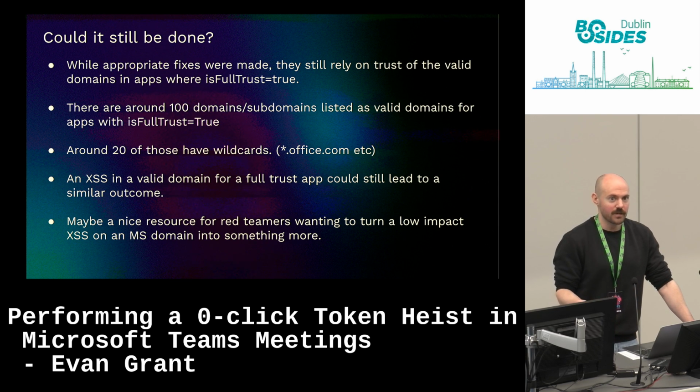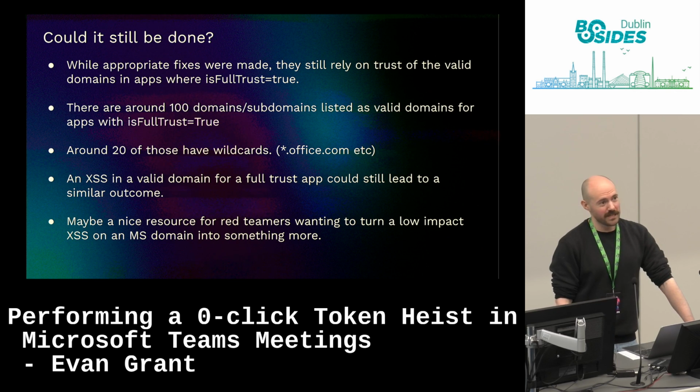It's still very much possible, but it relies on you finding one of those bugs, which can vary in difficulty depending on the domain. But there are around 100 domains that are part of valid domains for trusted applications. And I think around 20 of those are wildcards, like *.office.com, *.microsoft.com type. So that really opens up the scope.